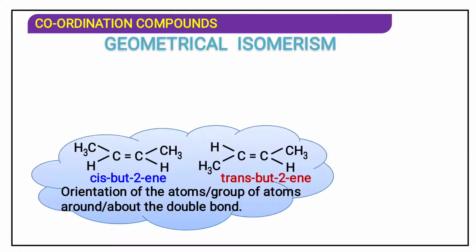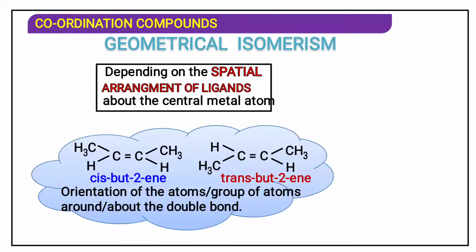If above the double bond there are the same atoms or group of atoms, it is said to be cis, and below the plane if there is the same atom, it is also cis. And in trans isomerism, on one side of the plane there is a different atom or group of atoms, so it is said to be trans. This we have already studied in 11th standard.